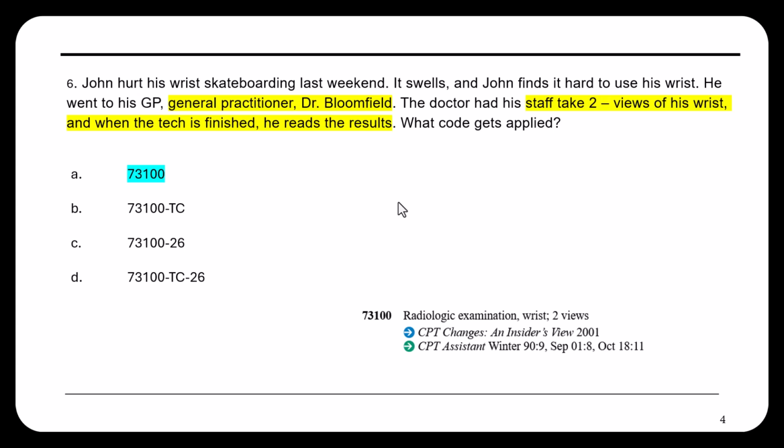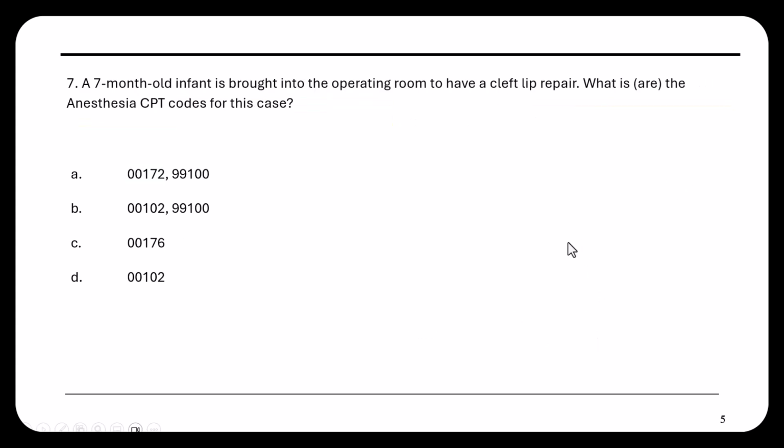Now, if he was working someplace and he wasn't regular staff, he could probably put in that he just had professional services because he read the X-ray. But in this case, he's working for himself and it's his staff who did the work. So 73100 is the answer, and that's radiological examination, wrist, 2 views. That is coming straight out of my CPT book.